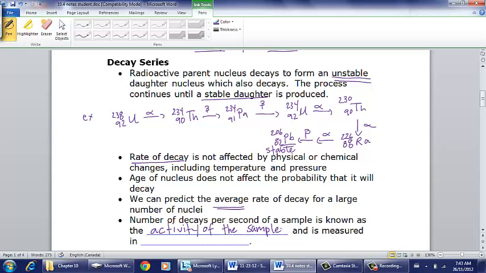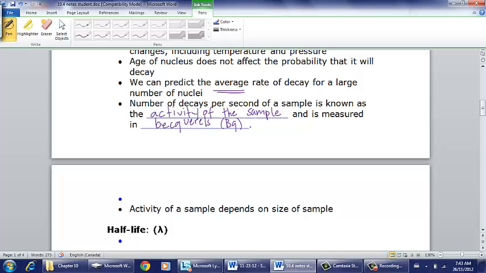And we measure the activity in decays per second, so we measure it in becquerels. The symbol for becquerels is BQ. And 1 becquerel, so 1 BQ equals 1 decay per second.